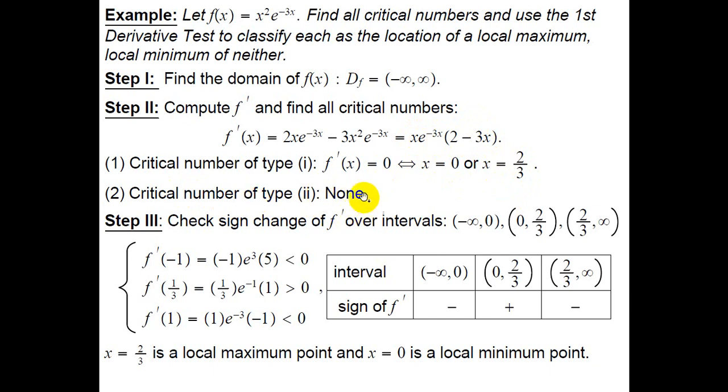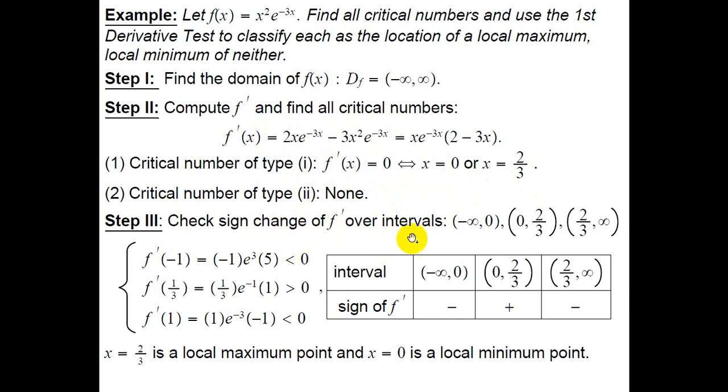Critical type 2 defines the value of x where the function is undefined. In this example, the function is defined for every value of x, and the solutions are 0 and 2 by 3.